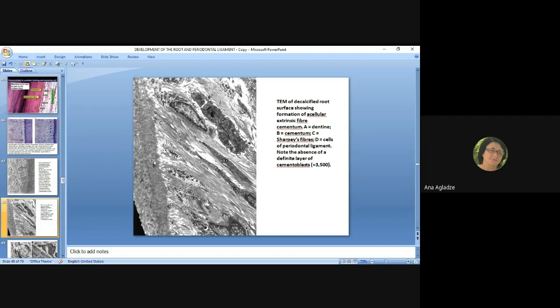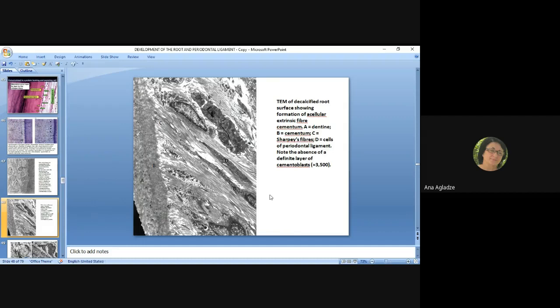This type of cementum can also spread in the coronal direction and be deposited over the acellular extrinsic fiber cementum, and conversely, further acellular extrinsic fiber cementum can be laid down over the cellular intrinsic fiber cementum, and this is called cellular mixed fiber cementum.